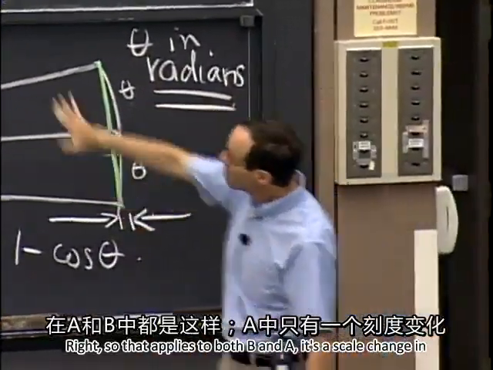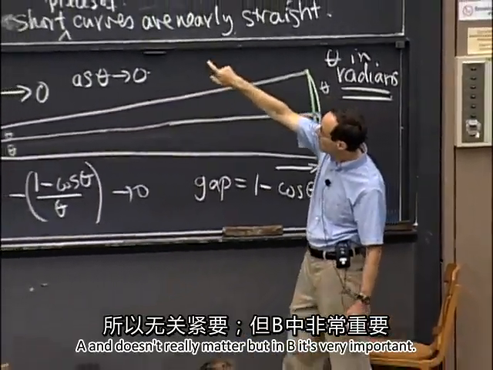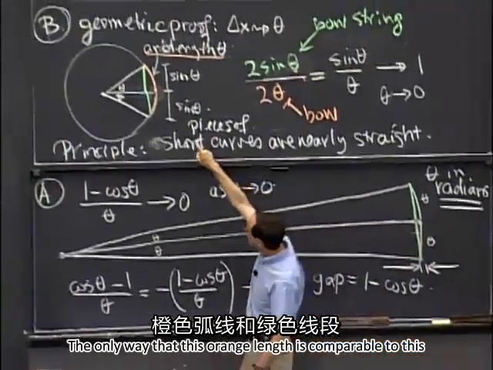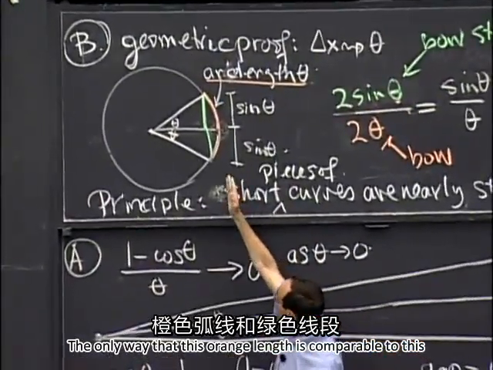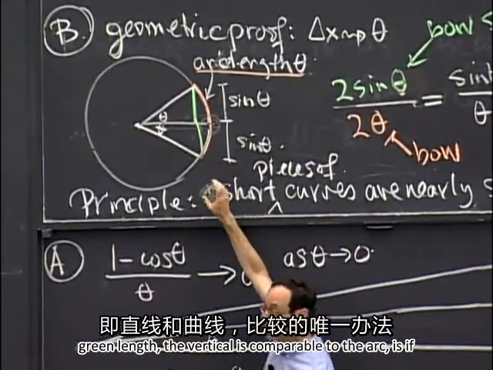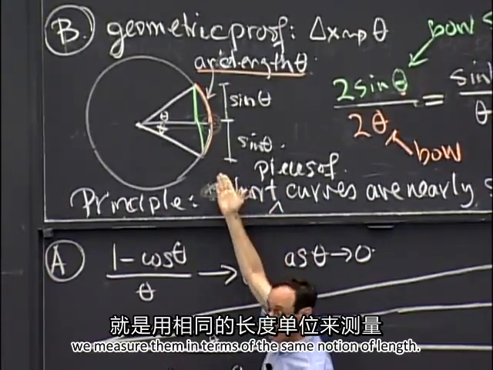So that applies to both B and A. It's a scaled change in A and doesn't really matter, but in B it's very important. The only way that this orange length is comparable to this green length, the vertical is comparable to the arc, is if we measure them in terms of the same notion of length.